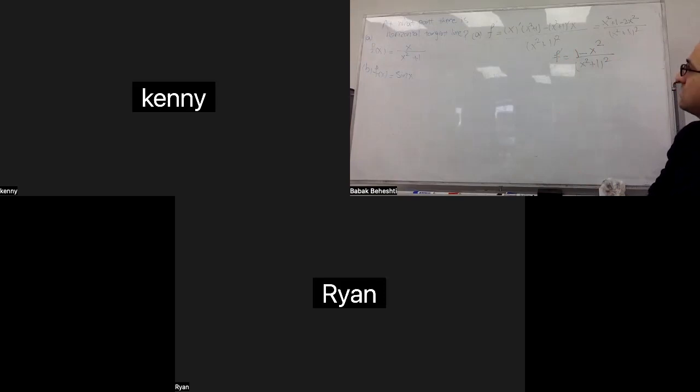Now the question is, at what x is f prime 0? So you have to solve this equation. Whenever you have a fraction like this equal to 0, that means the numerator must be 0. So that means 1 minus x squared must be 0.